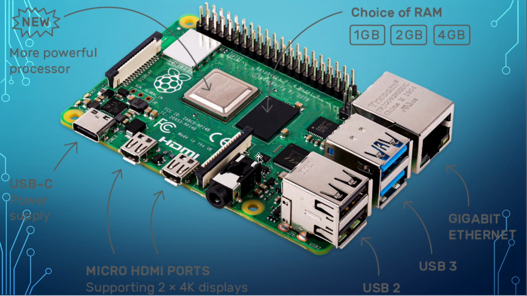Different boards come with different specs. So we have a processor, memory, we have the pins, we have USB-C, we have 2 micro HDMI ports, right, where you can connect to your screen, USB 2, USB 3, and a gigabit Ethernet connection.